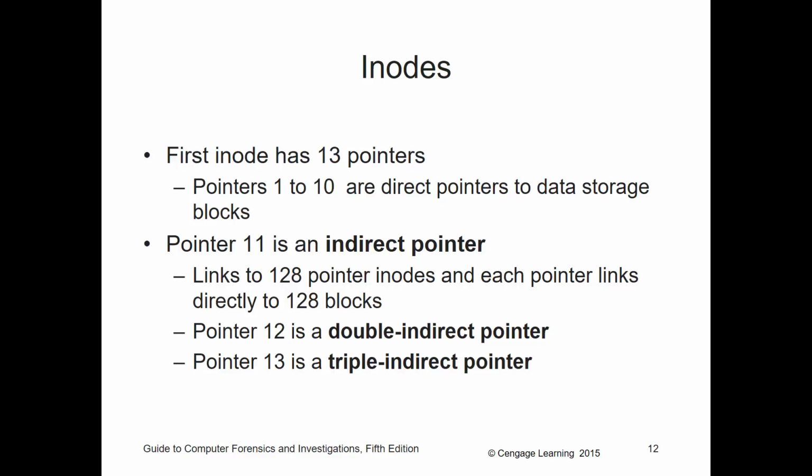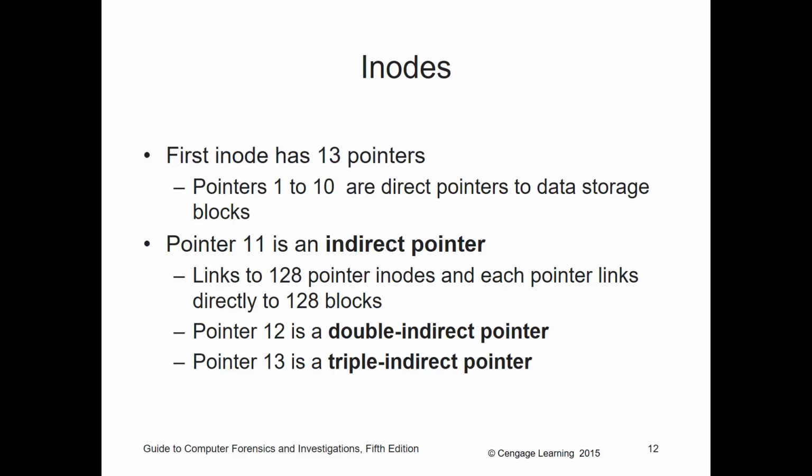So this is where it gets really interesting. The first inode has 13 pointers. Pointers 1 through 10 are direct pointers to a data storage block. Pointer 11 is an indirect pointer. It will link to 128 pointer inodes, and each pointer will link back directly to 128 blocks.